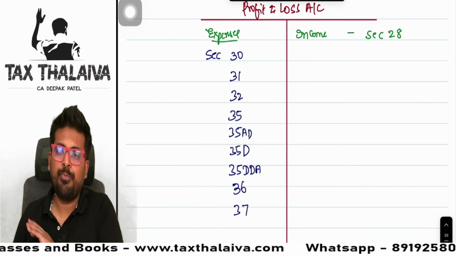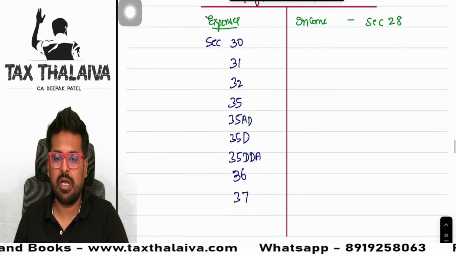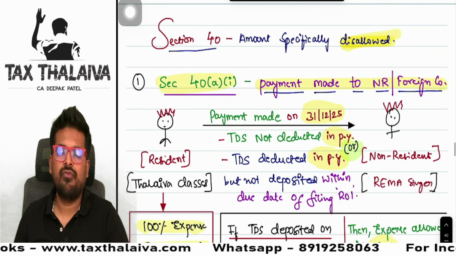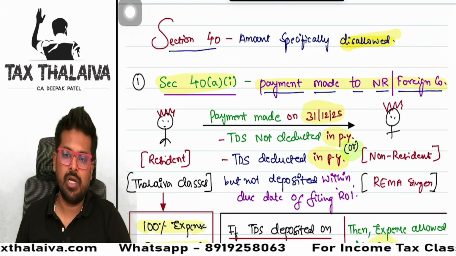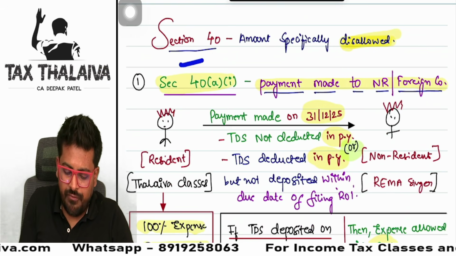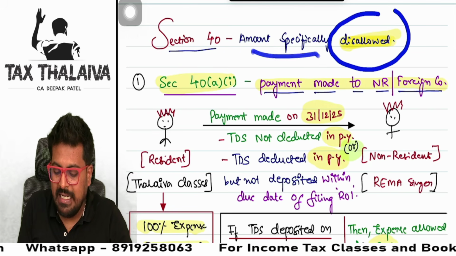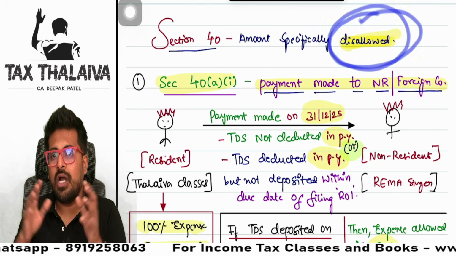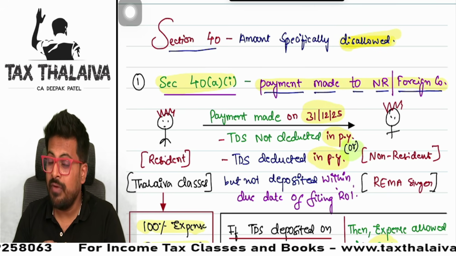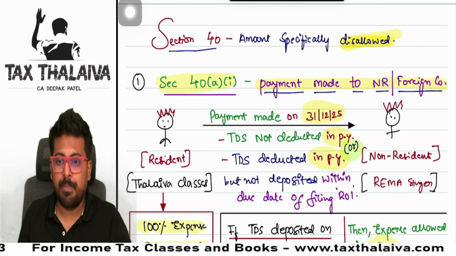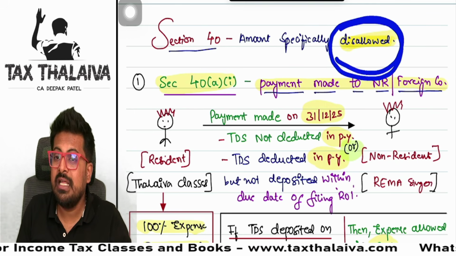We still have a lot of provisions which we need to cover under sections 40 till 44, AD, ADA, AE we will cover now. Section 40, amounts specifically disallowed. So far what we discussed is what expenditure is allowed. Now we will discuss what are the expenses which are to be disallowed.